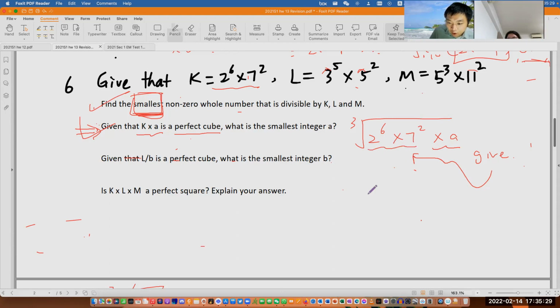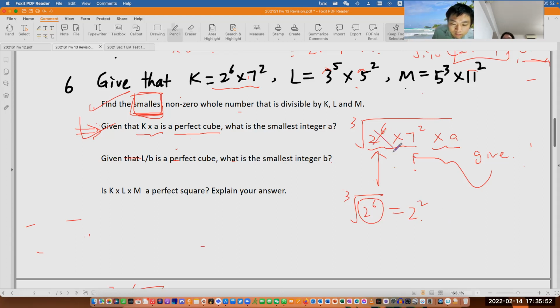The question you ask yourself is very simple. Do you need to give any 2 or not? So you just write down 2 to the power of 6, cube root the 2 to the power of 6. I think you get 2 to the power of 2. So that means this thing can be cube rooted. So you don't have to give it any 2.